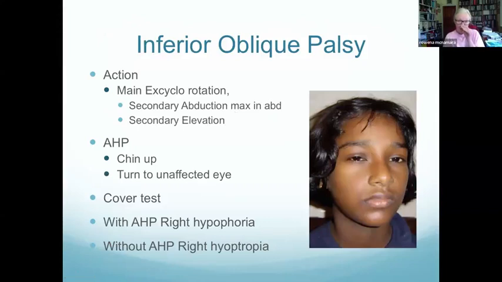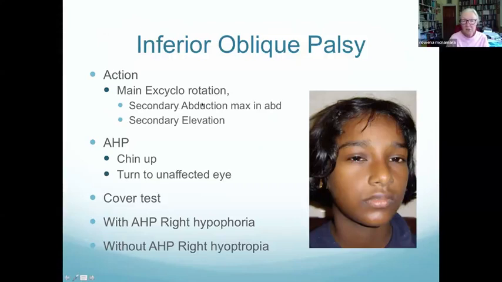The next muscle that I want to look at is the inferior oblique. So the inferior oblique muscle, although it's attached inferiorly on the globe, because it's attached behind the equator, it actually elevates the eye.